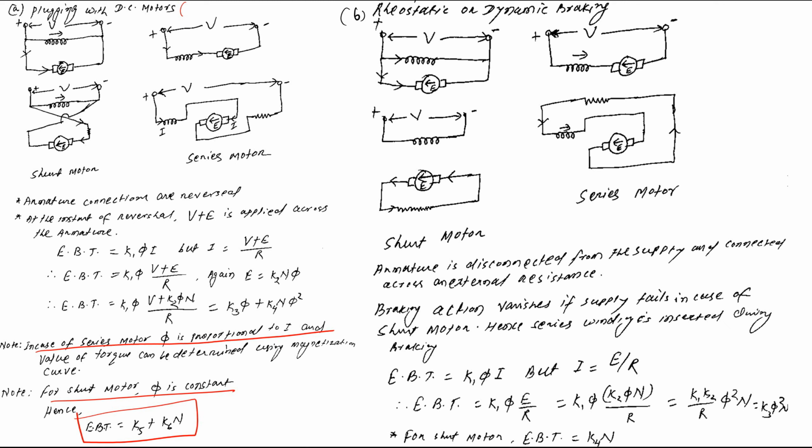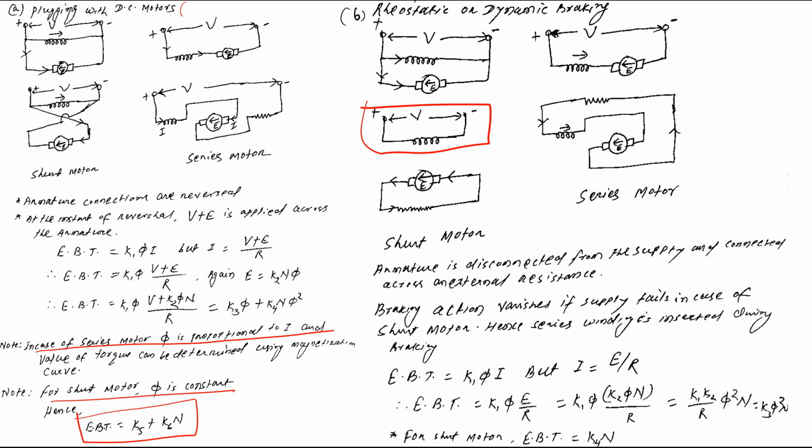Now what is rheostatic or dynamic braking? We simply apply a resistor parallel to the armature. Here also we changed the polarity. So what we did, we simply removed the power supply.